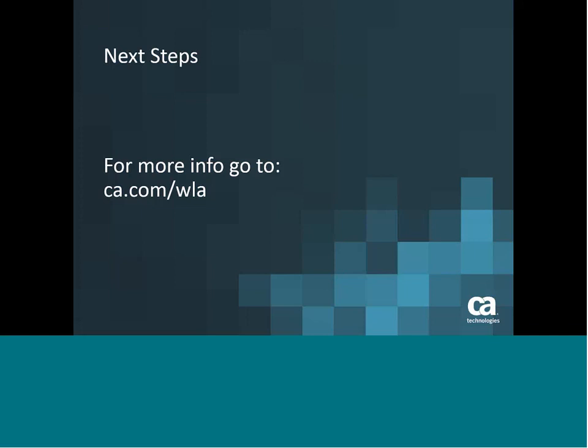Okay, so the question is, if you have an agent and it is defined to run workload on 2 separate AE managers, how does that work as it relates to DR?